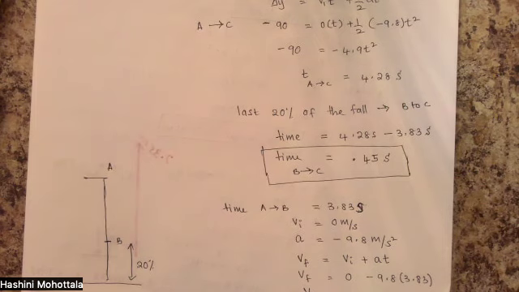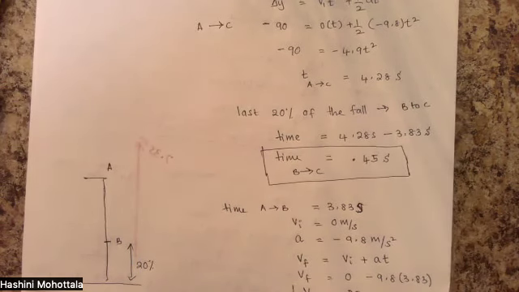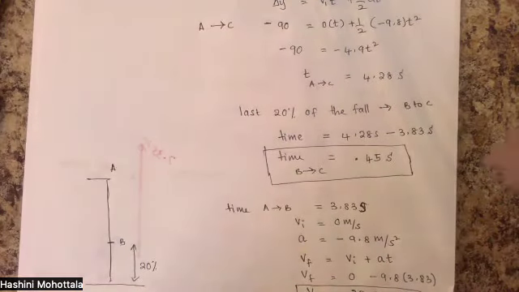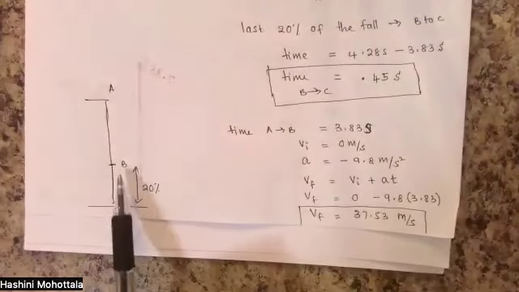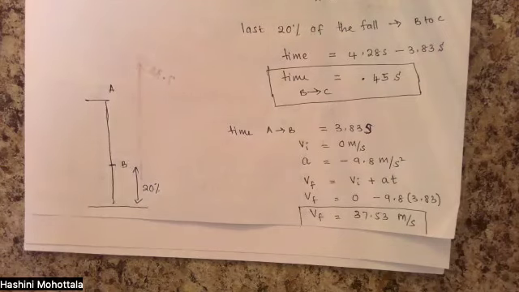What do we have? 37.53 meters per second. And that is the velocity of the bolt as it reaches the beginning of the last 20% of the fall.